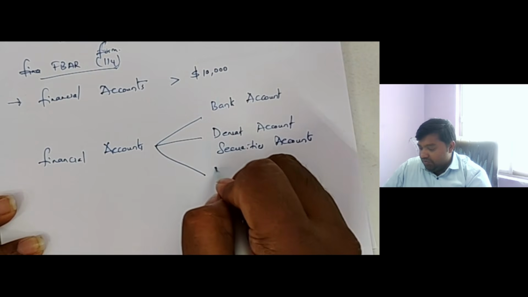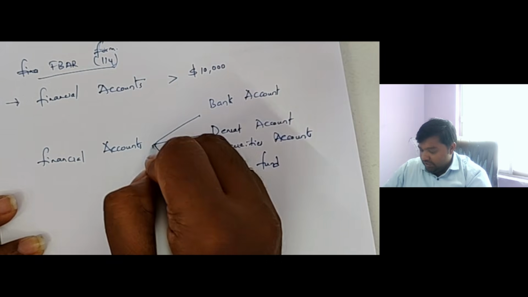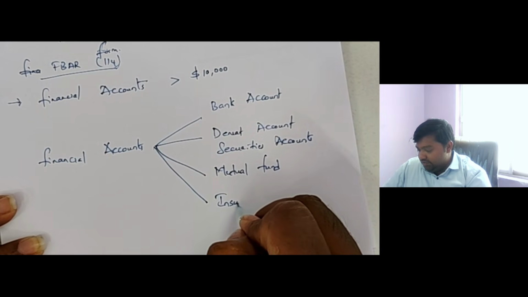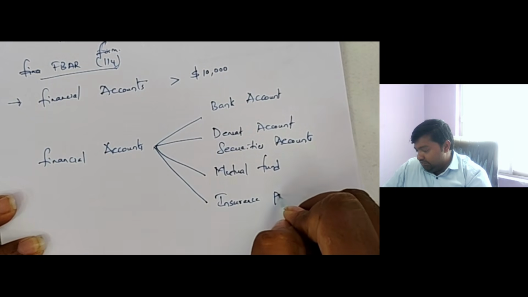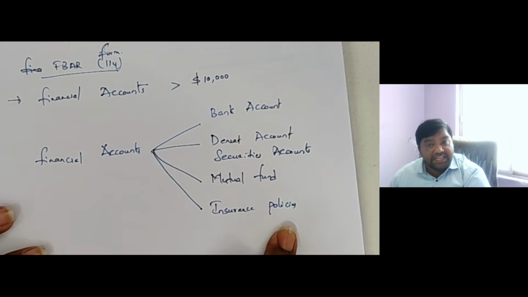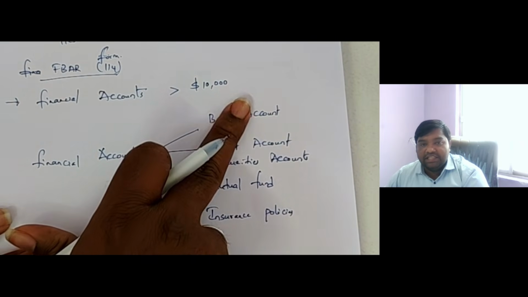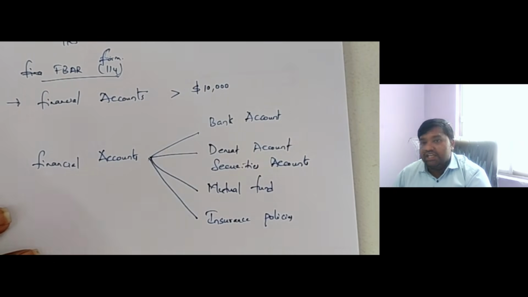Okay, mutual fund accounts, insurance policies. If the value of any of these put together exceeds 10,000 US dollars, you have to file FinCEN form 114 FBAR report.